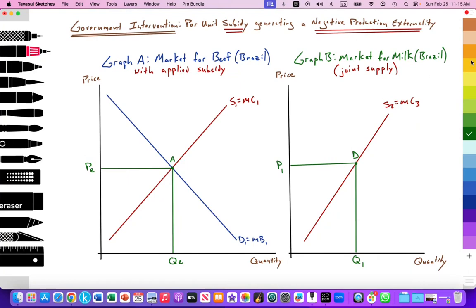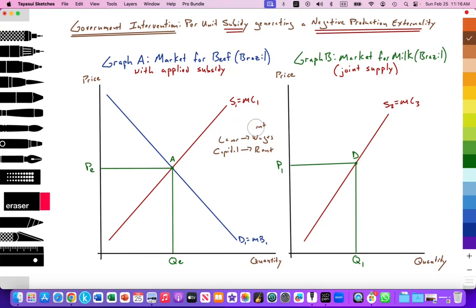The S1 curve includes the marginal costs of land resources, the cost being rent paid to acquire land, cut down rainforests so that cattle can graze on that land, labor resources, which includes wages, and any capital resources, machinery, and so forth that we classify as rent. So these are all costs of production that exist on the S1 curve. So the distance between S1 and the x-axis is the sum of all those costs of production.